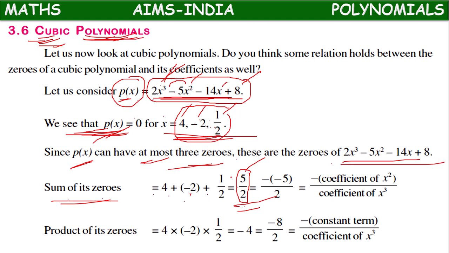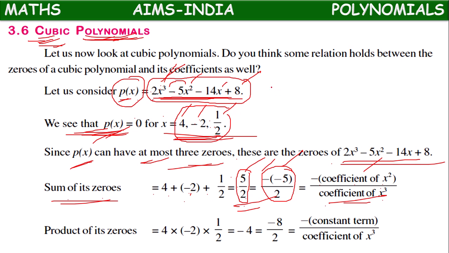So this 5 by 2 can be written as minus of minus 5 by 2. Minus 5 is the coefficient of x square, and 2 is the coefficient of x cube. So the sum of zeros is related by the formula minus coefficient of x square by coefficient of x cube.